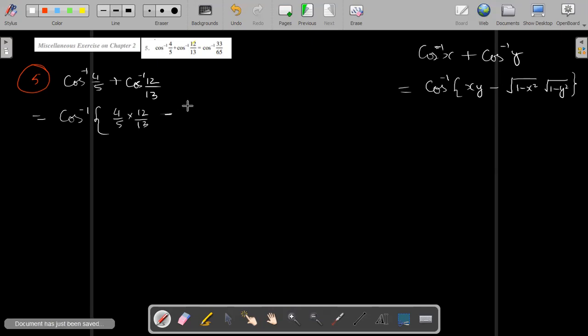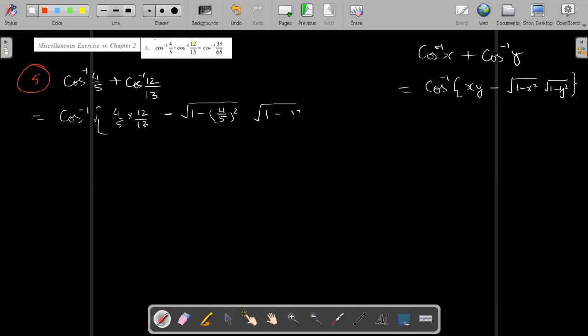Then minus under the root 1 minus x square, 1 minus 4 by 5 whole square, into under root 1 minus y square.